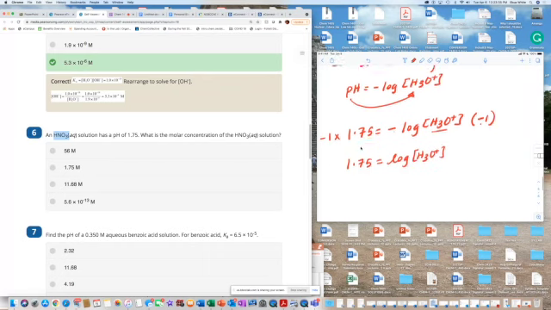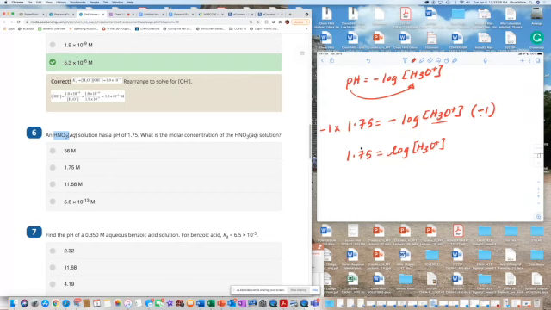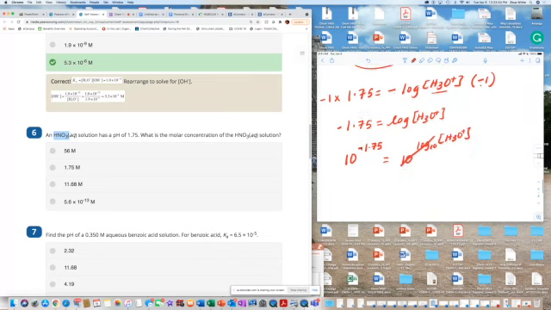We have to do the inverse log, right? Inverse log is taking 10 to the power negative 1.75, taking 10 power log base 10 of H3O plus, and essentially this cancels out into 1. So this becomes H3O plus mathematically.